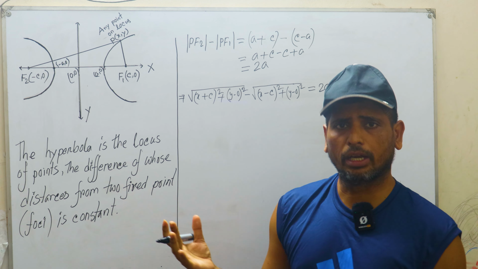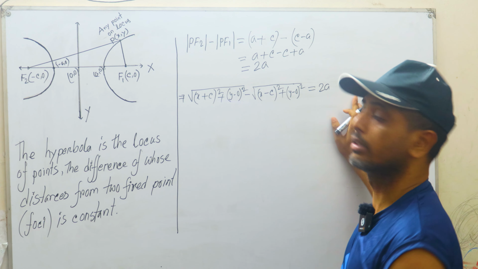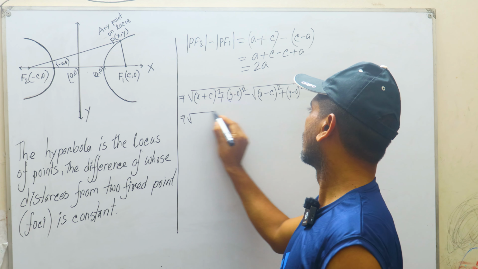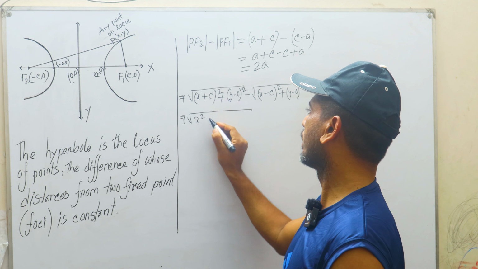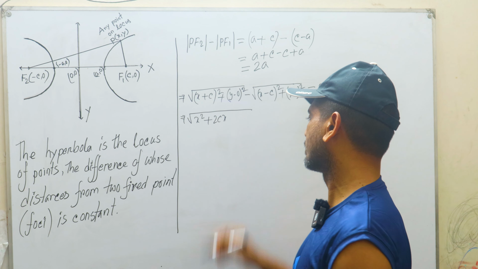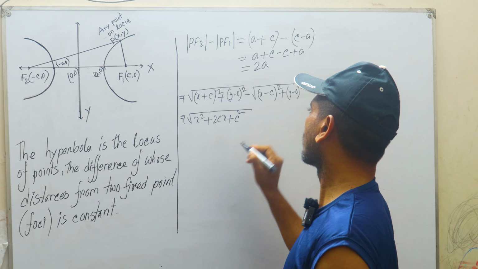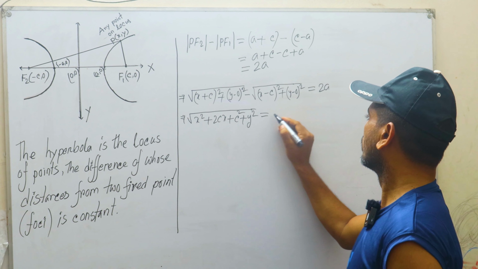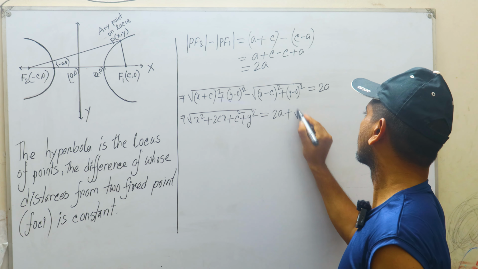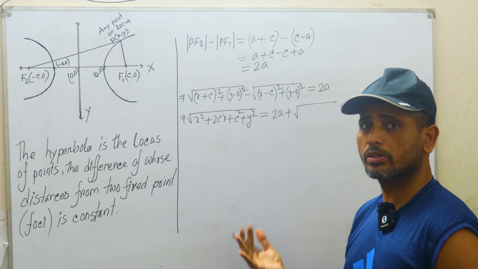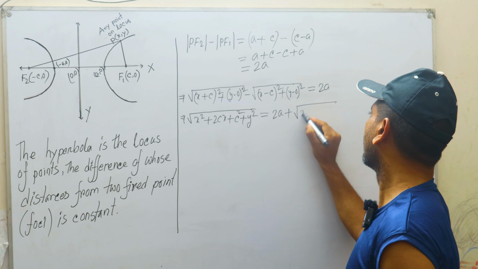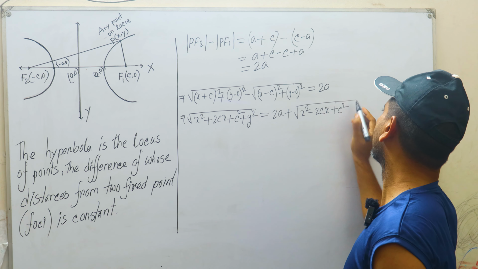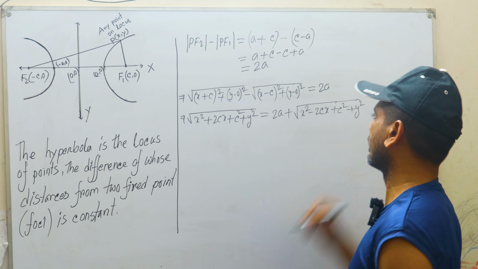Now I am going to move the second term to the right side, and it's going to be plus. Applying the (a plus b) whole square formula: square root of x square plus 2cx plus c square plus y square equals 2a plus square root of x square minus 2cx plus c square plus y square.